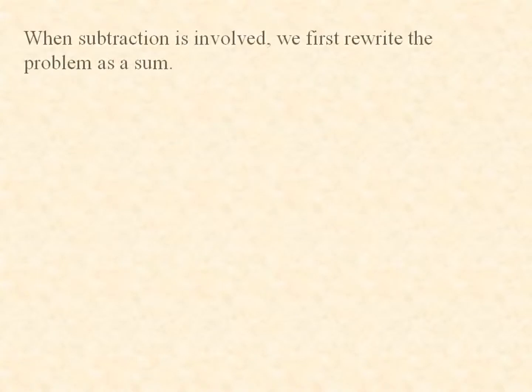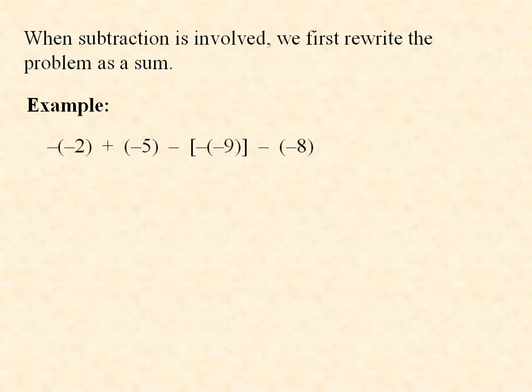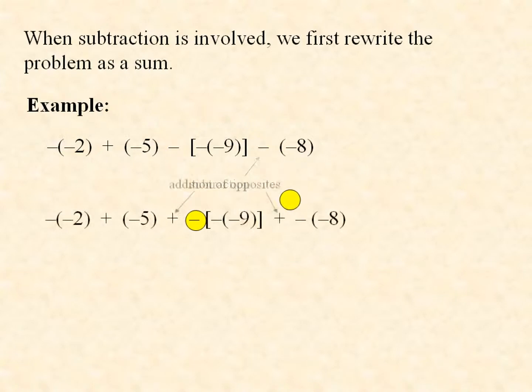When subtraction is involved, we first rewrite the problem as a sum. For example, the following expression involves some subtraction. Here it is. We are going to write those parts as plus the opposite of what follows.